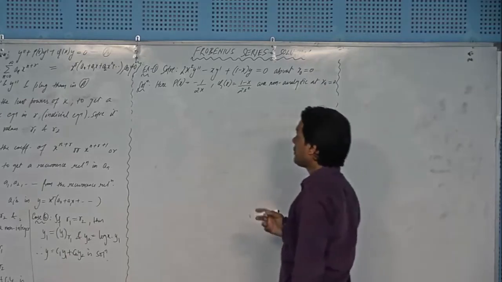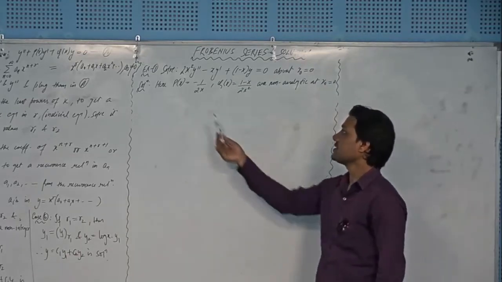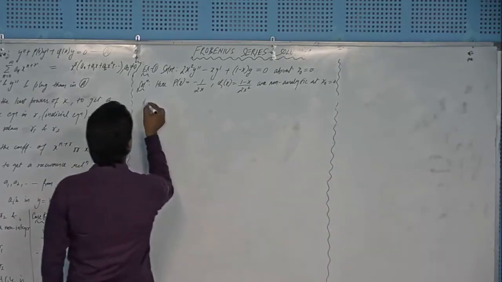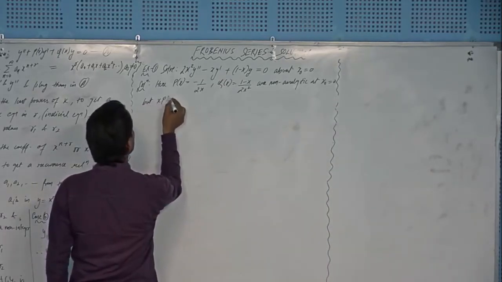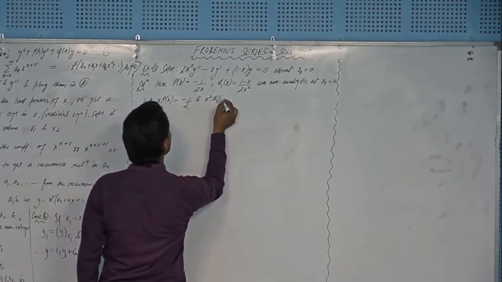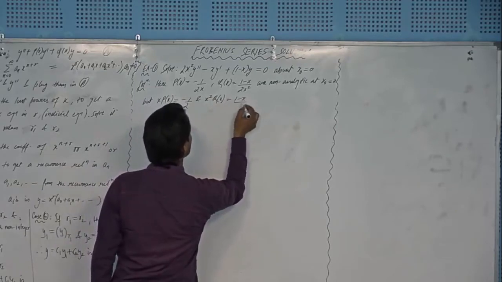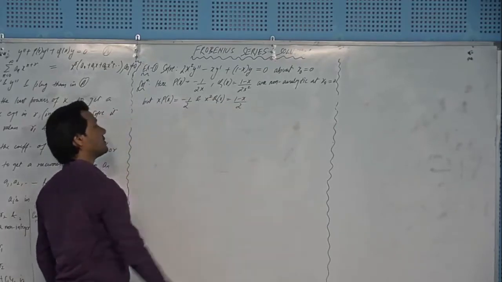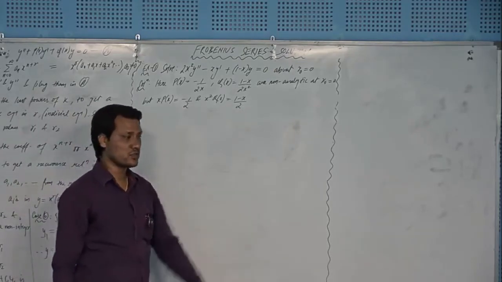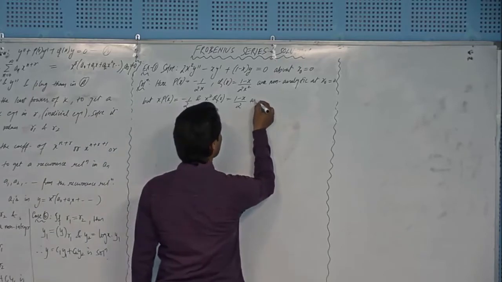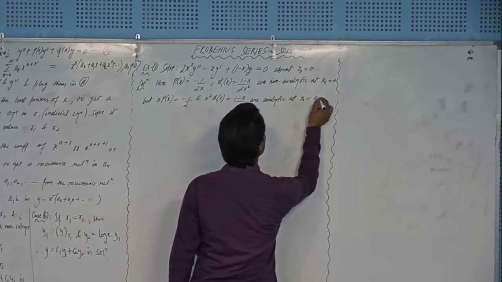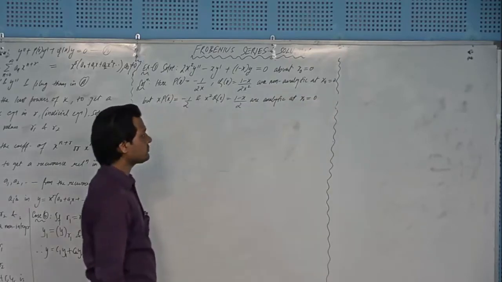That's fine. But now I have to check what happens if I multiply this with x and this with x square, right? x multiplied with p(x) will give you minus half, and x square multiplied with q(x) will give you (1 minus x) over 2. And you can see that both of these are polynomials. This is a constant polynomial, this is a polynomial of degree 1, and polynomials are always analytic at x equal to 0, right?